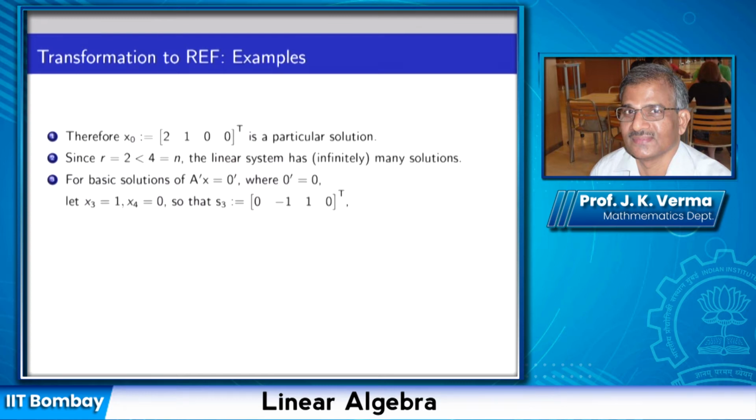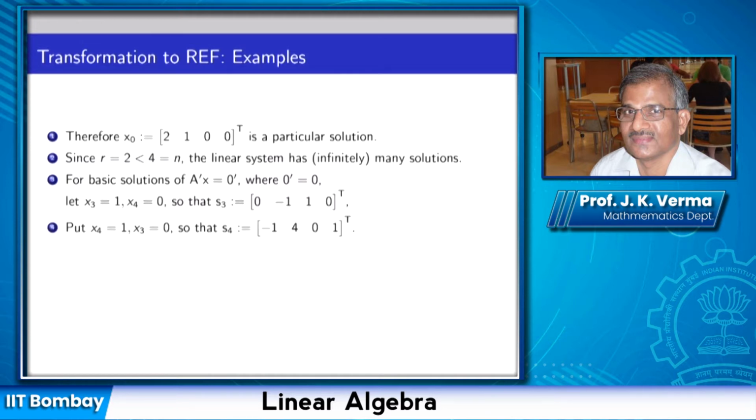We find the first fundamental solution. The notation is S3, and this 3 means we are putting x3 equal to 1 and x4 equal to 0. Once I put x3 equal to 1 and x4 equal to 0, then x1 and x2 can be found by solving the homogeneous equation.